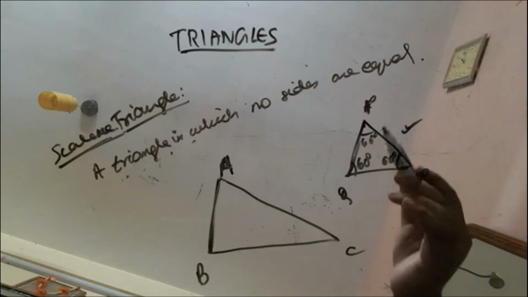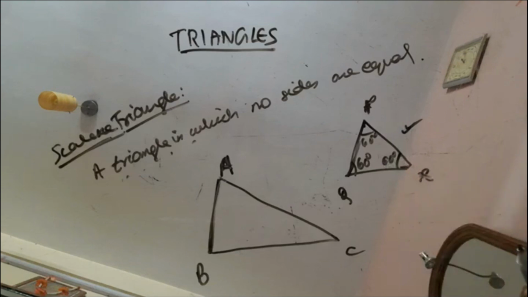But practically most of the triangles which are drawn freehand, that is without ruler, compasses, protractors, are practically scalene triangles, right? So remember that. No triangle which is drawn freehand, mind you, I am using the word freehand with emphasis, is fully isosceles or equilateral in most cases.